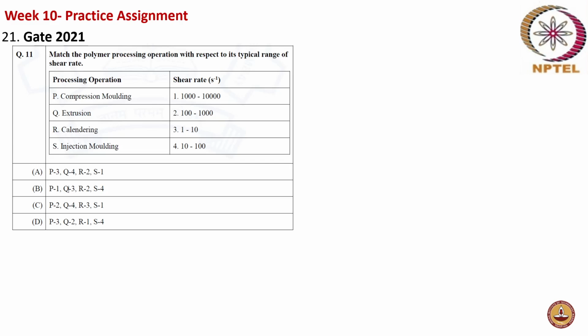So what is the shear rates of each of these processes? Compression molding, extrusion, calendering, and injection molding. Answer is compression molding. The typical range of shear rates is 1 to 10 second inverse.